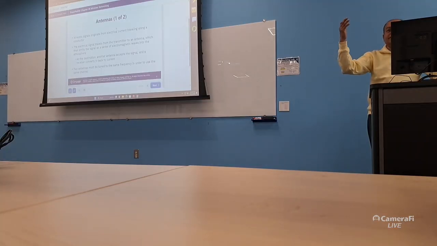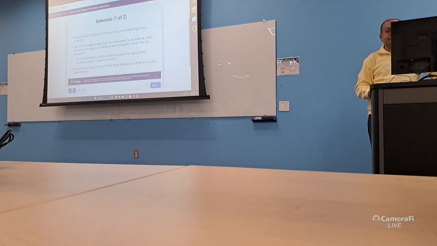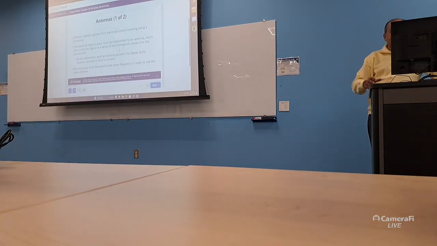So it is not necessary to be a stick or a pole or a tower coming out of the device, but it can be anywhere inside the device. Earlier, antennas did not have very good strength, that's why we used to have a small unit coming out of the device.